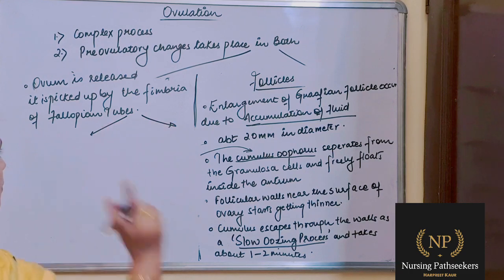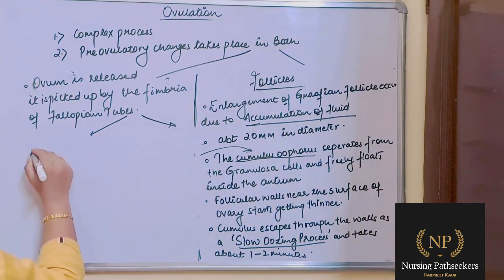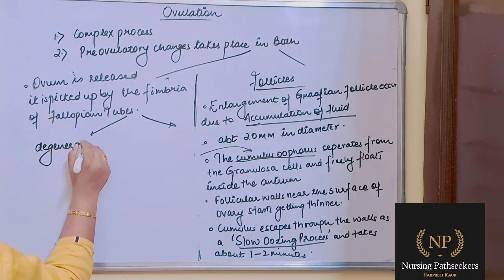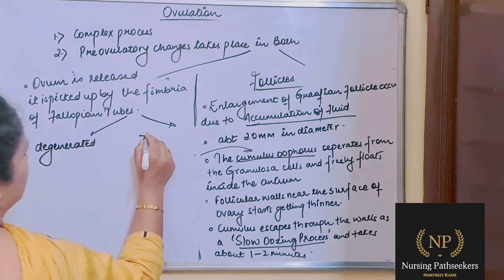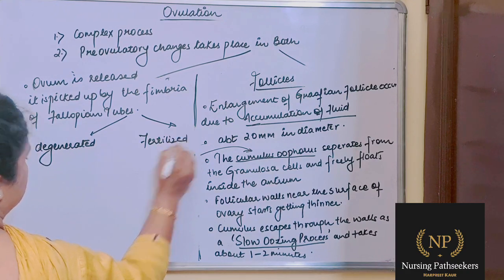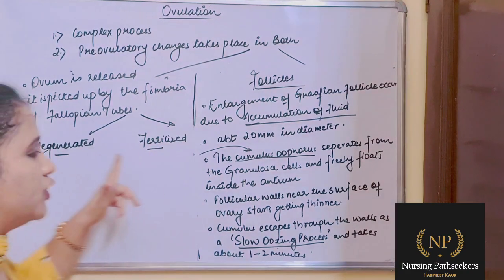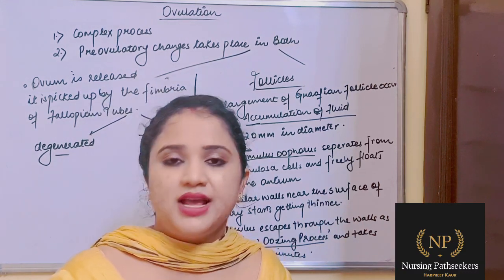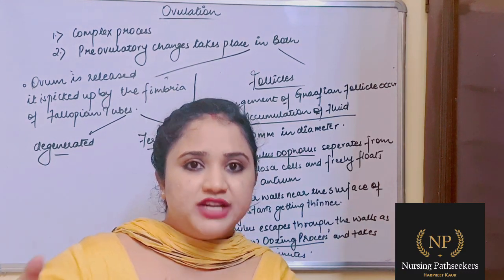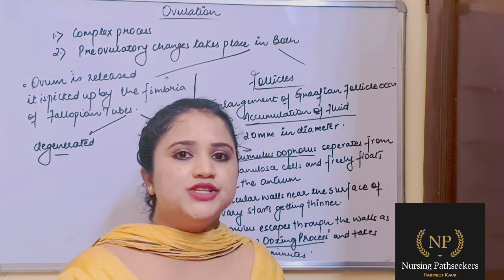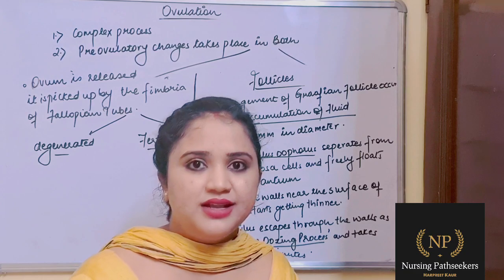Here, two conditions will arise. Either it gets degenerated or it will get fertilized. Right? The ovum that is released will be picked up by the fallopian tubes and it will undergo the process of degeneration or it will get fertilized. Right? So this was all about ovulation. Thank you.